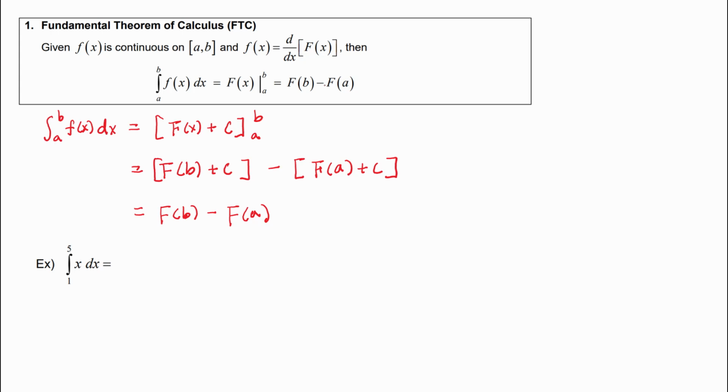But now, knowing the antiderivative of x, which is 1/2 x squared, we evaluate that from 1 to 5, and by FTC, this is equal to 1/2 x squared evaluated at 5, which is 5 squared, subtract 1/2 x squared evaluated at x equal 1.